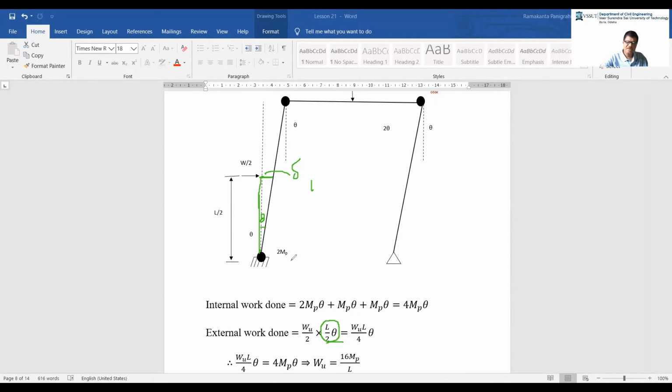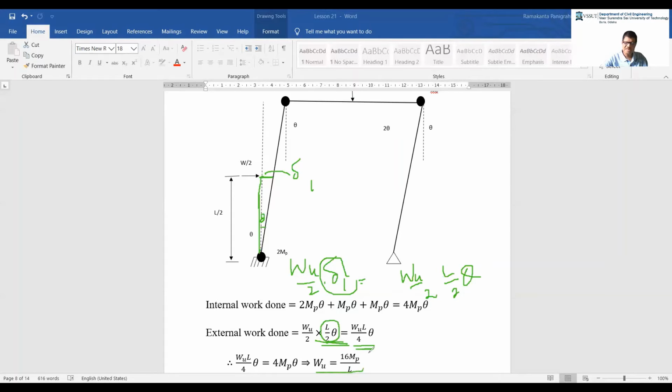So the external work done is equal to the force Wu by 2 multiplied by the displacement delta 1, and delta 1 is equal to L by 2 into theta. So this becomes Wu L by 4 theta. Now the internal work done is equal to the external work done, so you put these two values: Wu L by 4 theta is equal to 4 Mp theta.